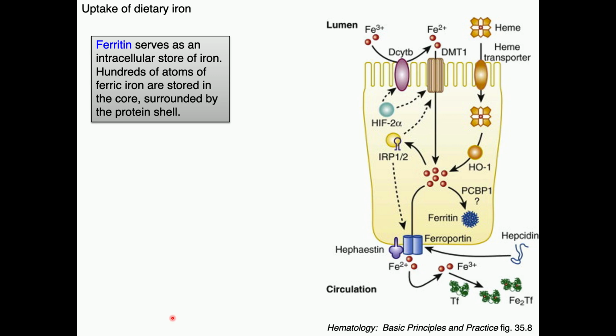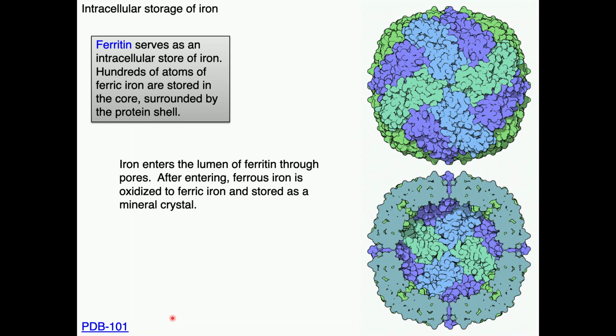So ferritin in the gut epithelial cell and a macrophage and a liver cell is the same basic structure. It looks kind of like a soccer ball. There are two genes making two proteins, the ferritin heavy chain and the ferritin light chain. And these form multimers together, making a hollow ball shape with multiple little pores that ferrous iron can enter.